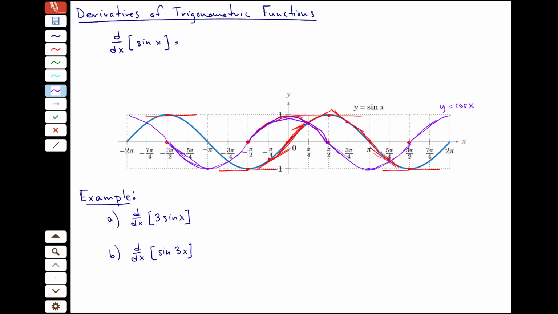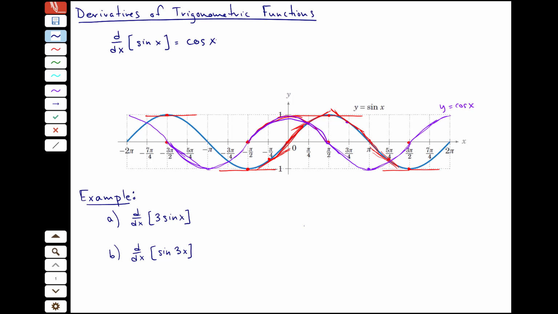That is the graph of cosine. So this is an intuitive way of seeing that the derivative of sine is cosine. Now, if you want a more rigorous explanation, I'm sure that you can find a proof somewhere, but this is my favorite way of seeing that the derivative of sine is indeed cosine.